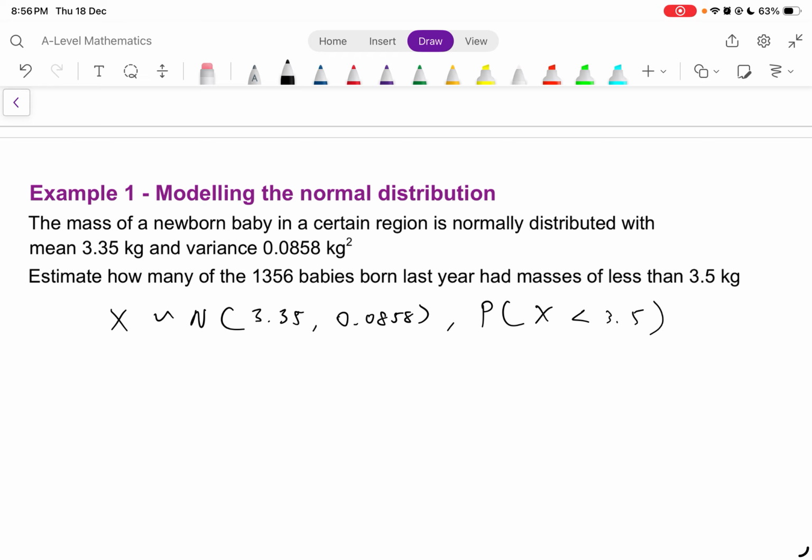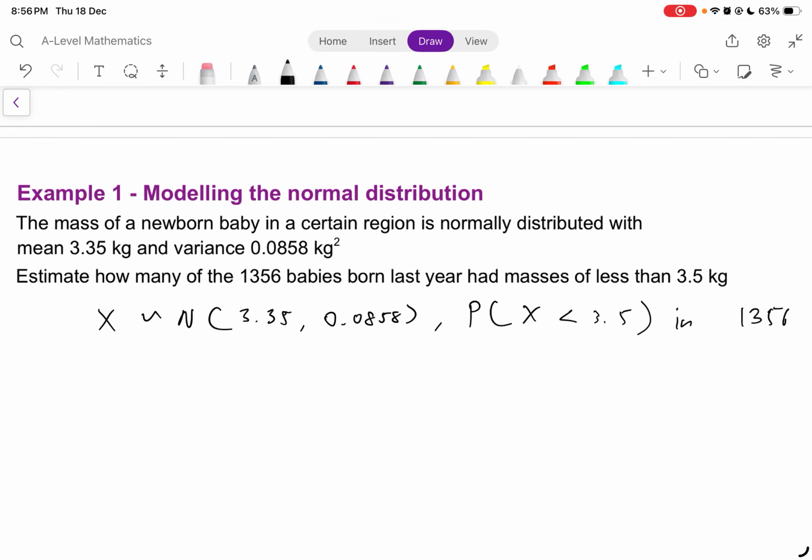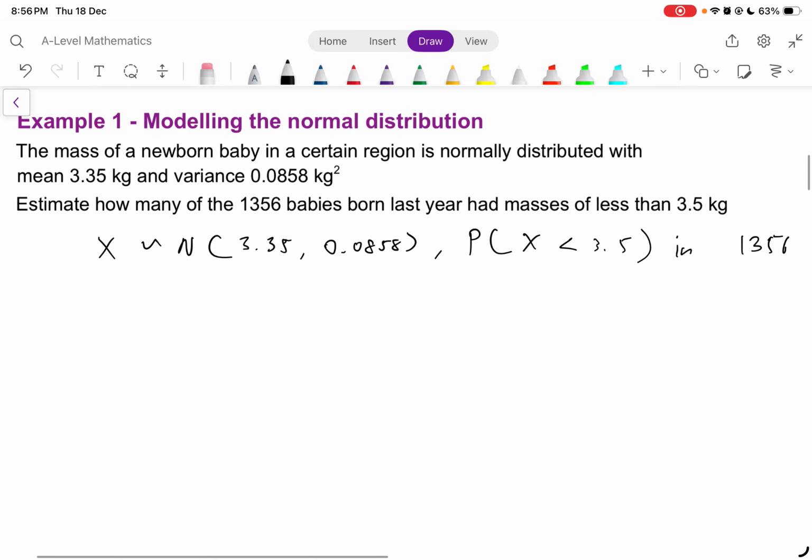In 1,356 babies. 我会这样子去写。Okay? So, in this case, let's find the z value.